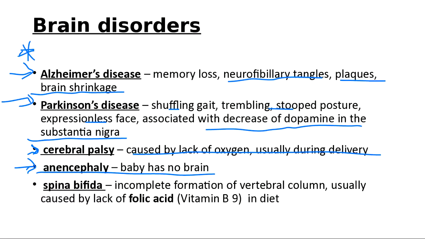Spina bifida is something I may have forgotten to mention. It is an incomplete formation of the vertebral column, and it's caused by a lack of folic acid or folate in the diet. It can cause anywhere from paralysis to severe mental handicap, inability to learn.